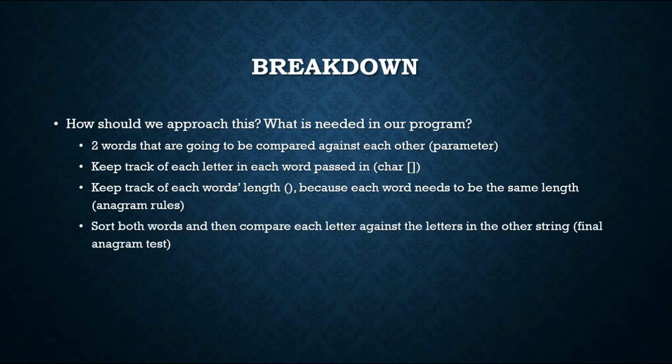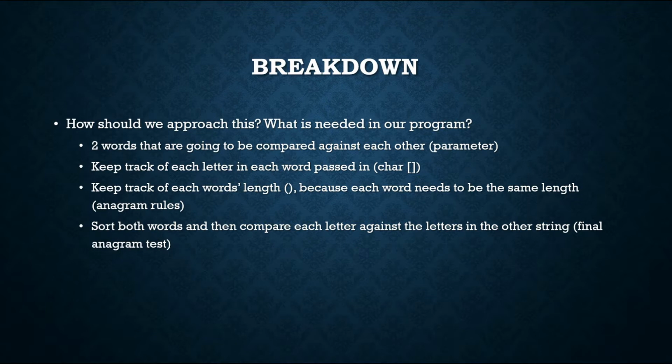And another thing that we need to do is sort both words and then compare them against each letter in the other word. So basically, after we determine that the words are the same length, what we want to do is actually sort the letters in each one of the words.